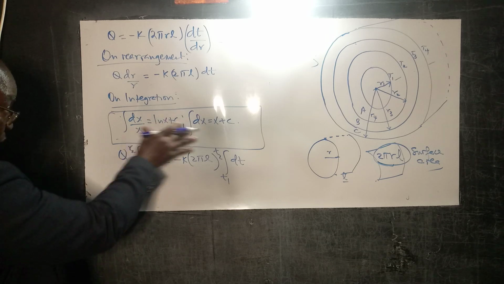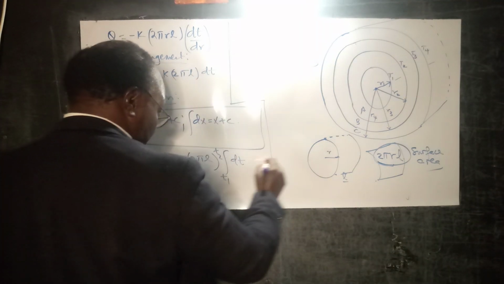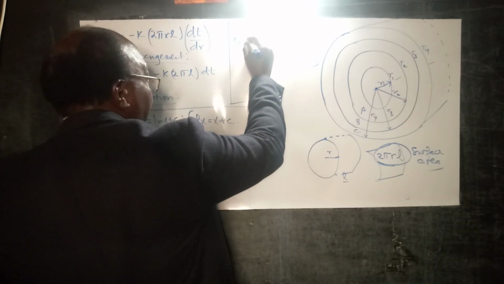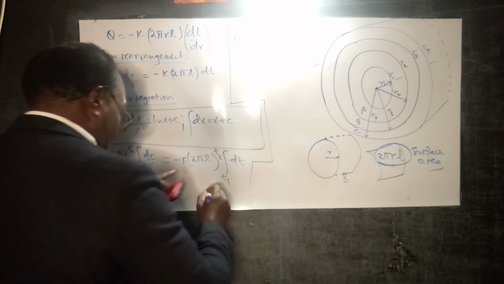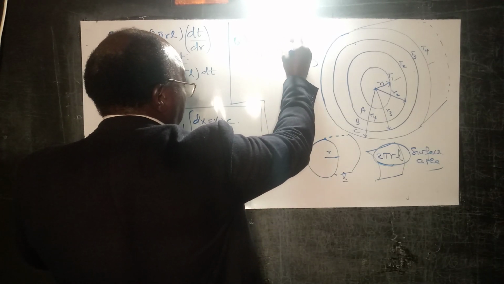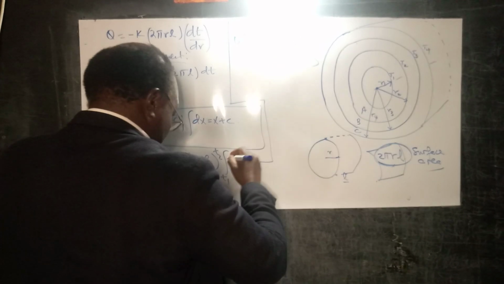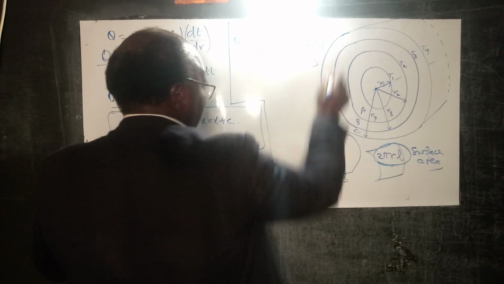So if we sort this out using the identities, then we have Q into natural log of R2 over R1 equal to minus K into 2 pi L into T2 minus T1.